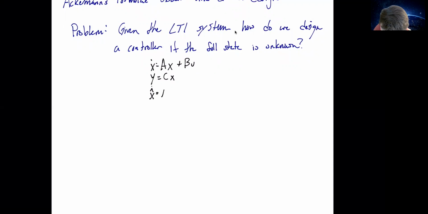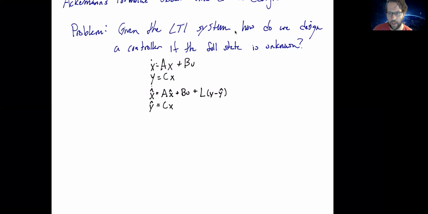Our estimate is equal to a copy of our system, also with the input that's known. And then we're going to also make a copy of the output, y hat is equal to Cx hat. However, we're going to add an extra term over here.